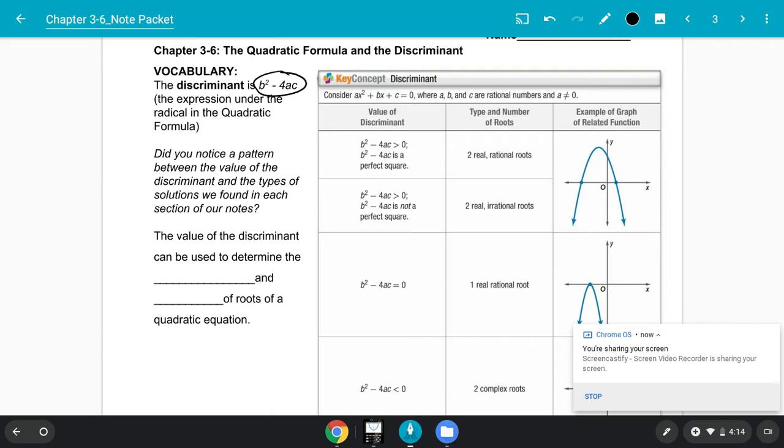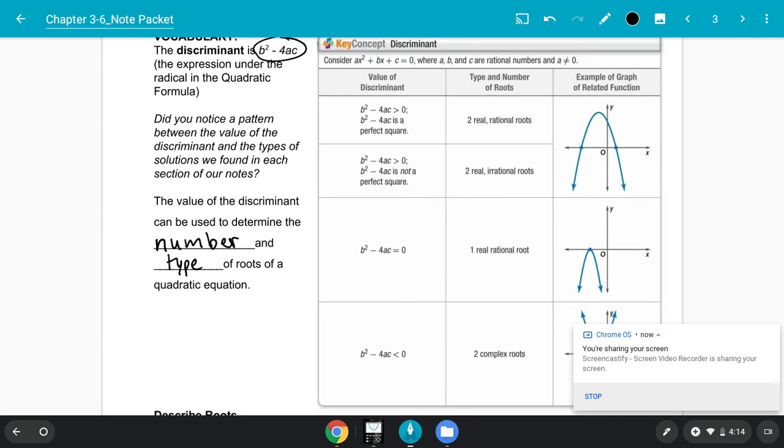Well, I talked about that in the last video because we're not in class to converse about that or look at patterns. So the value of the discriminant can be used to determine the number and type of roots of a quadratic equation.